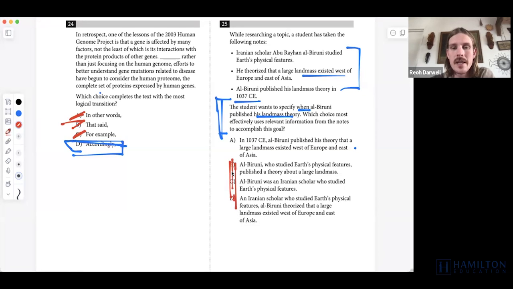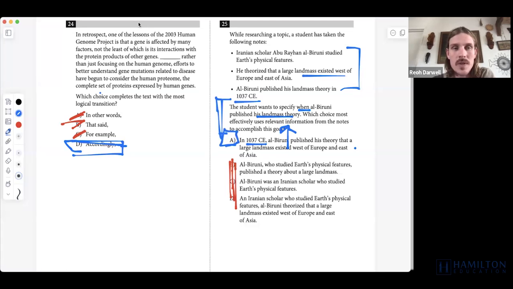Those all might be better summaries of his landmass theory. Those might be interesting discussions of his landmass theory, but only A says when the landmass theory was published, which is what the student wants to specify. Therefore, the only answer choice that has the parameter they're asking for is A, and therefore it is the only answer choice which works. So that's why we have to go with A.